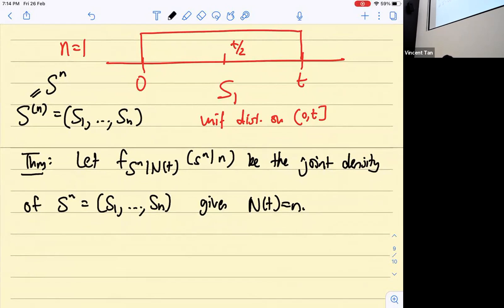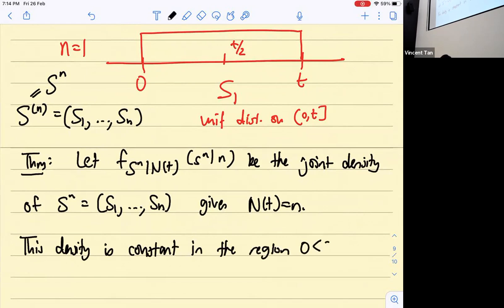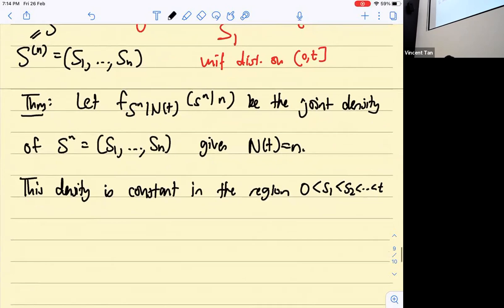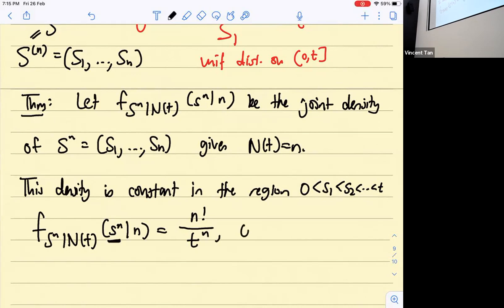So the theorem is that this density is constant in the region given by 0 less than S1 less than S2 less than dot dot less than t. In particular, let's write this down carefully. It is equal to n factorial over t to the power n whenever 0 less than s1 less than s2 less than sn less than t.